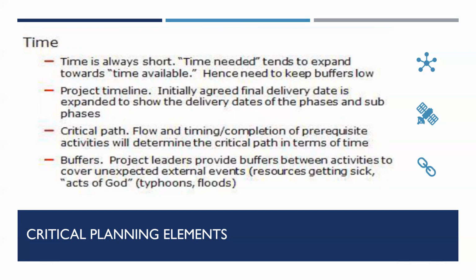The initially agreed final delivery date is expanded to show the delivery dates of the phases and sub-phases, right? The entire project has phases, and those have sub-phases, because before we can make the whole, you have to build the small deliverables. And of course, critical path.